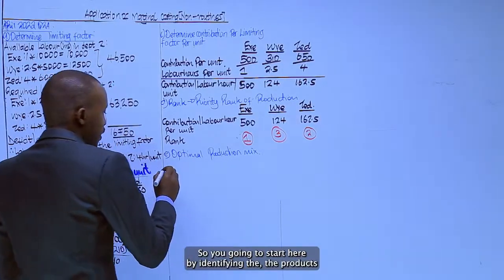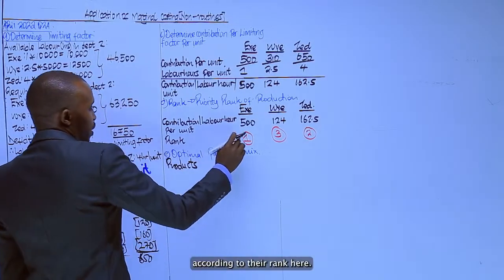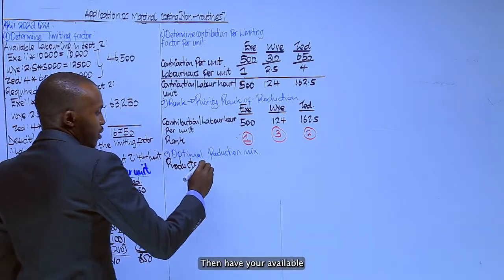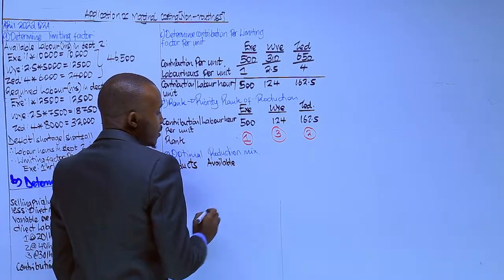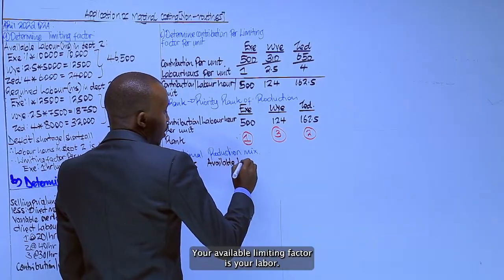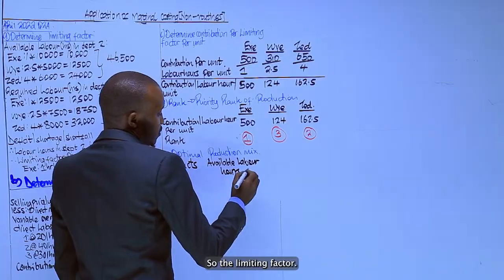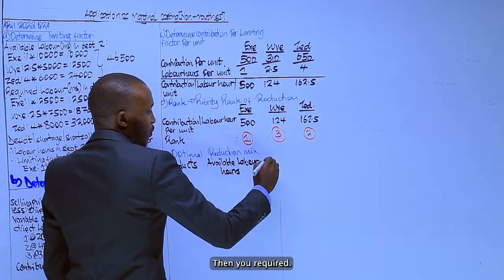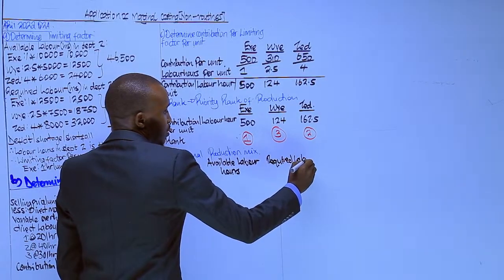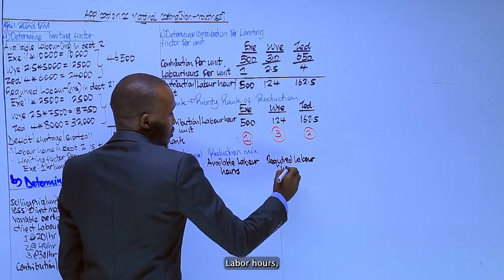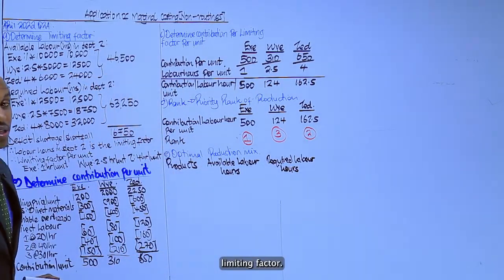So you're going to start here by identifying the products according to the rank here. Then have your available limiting factor, which is your labor hours. Then your required labor hours, which is now your required limiting factor.